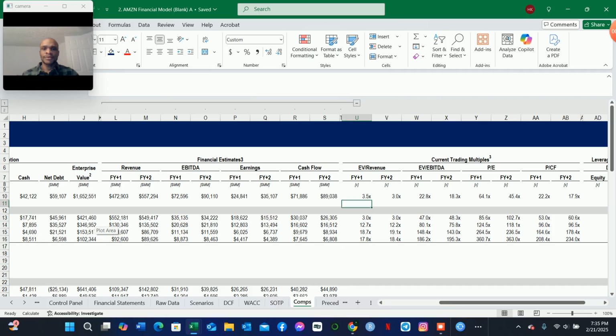Except that we will just have to make sure that we are referencing these three times. So let us reference that 3 times. Now let us fill this right.